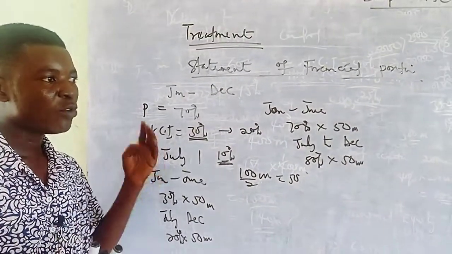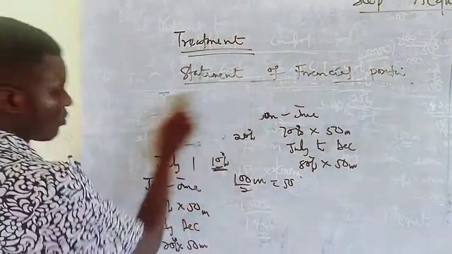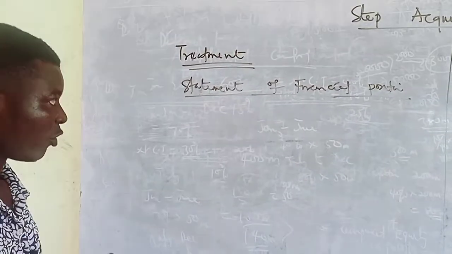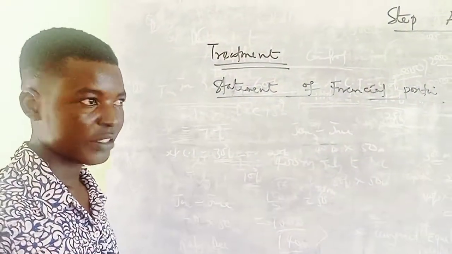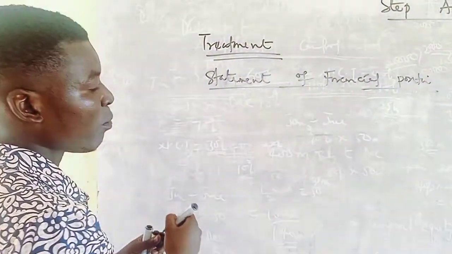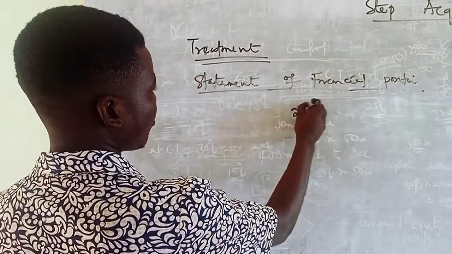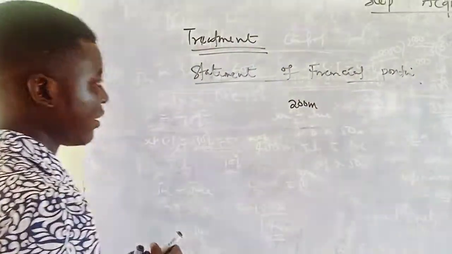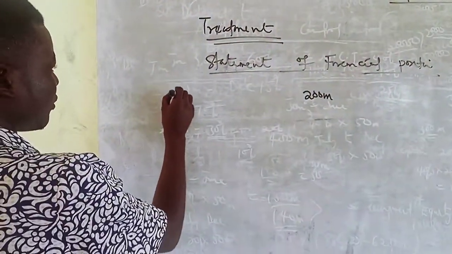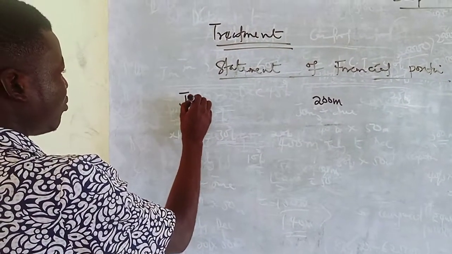The same way, if you are dealing with the statement of profit or loss, you have to know the dates that additional shares were acquired. So in the statement of profit or loss, the profit for the subsidiary was 200 million. And the acquisition was done on July.